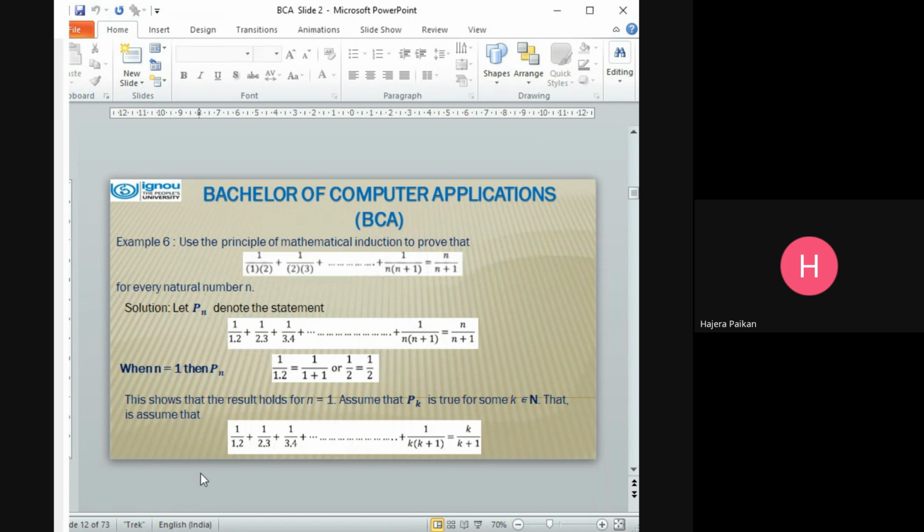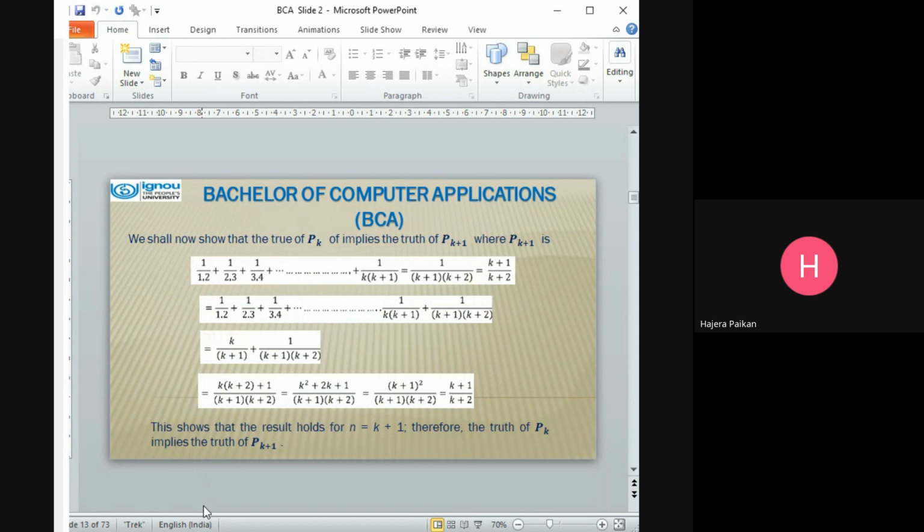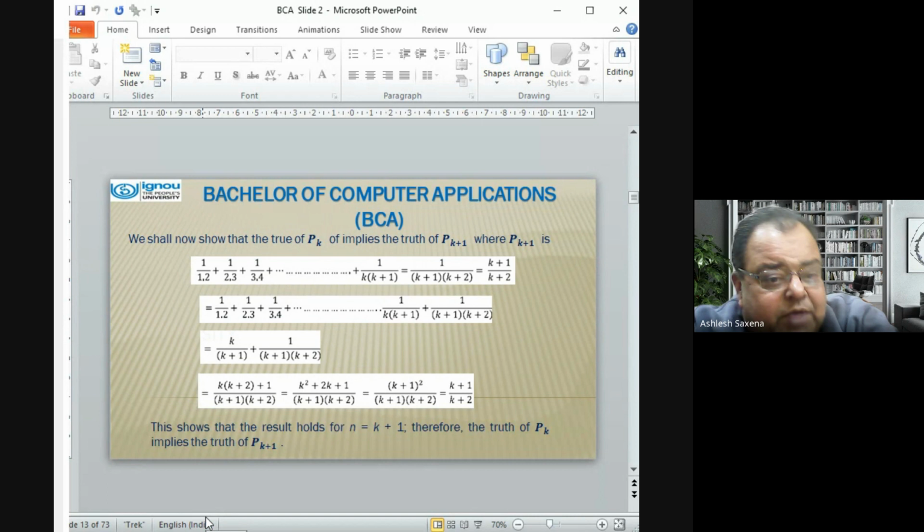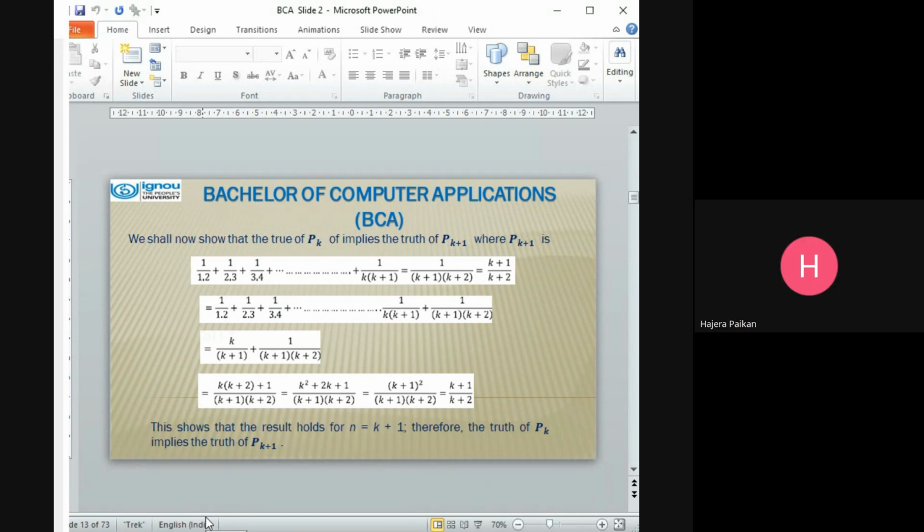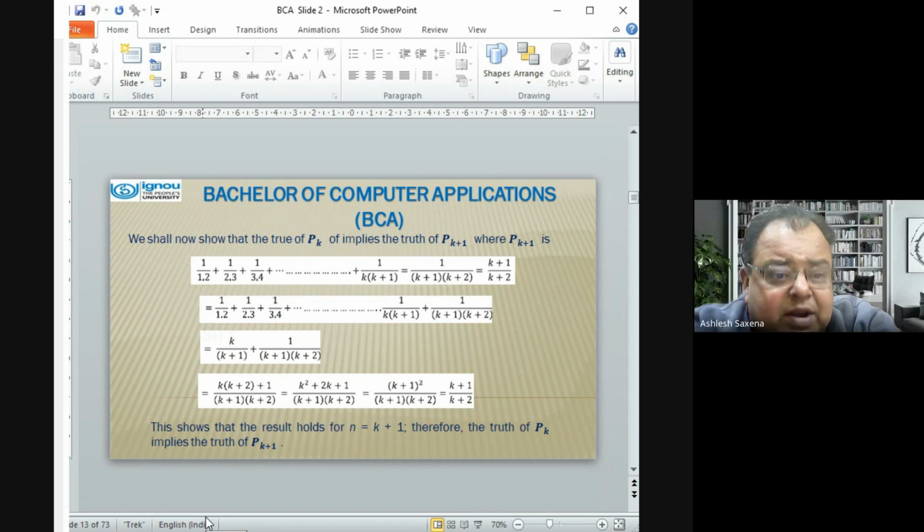When k is true, then k plus 1 is also true. And the next step is we will replace k plus 1 into n. Now where have we replaced k plus 1 by n?